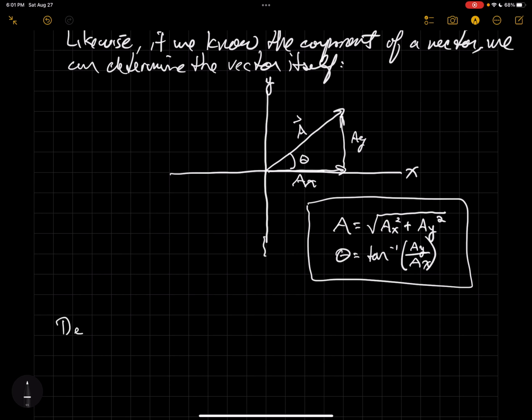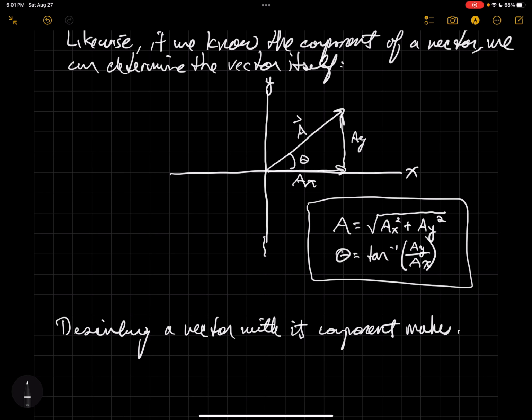Okay, so describing a vector with its components makes it easy to add two or more vectors.